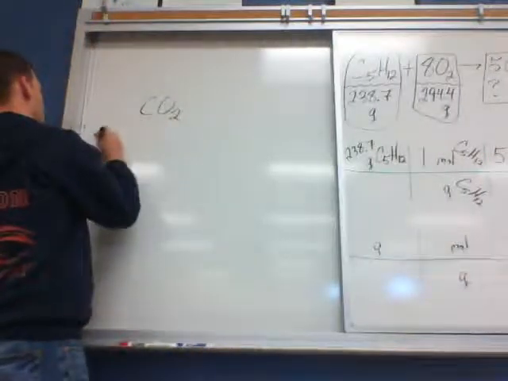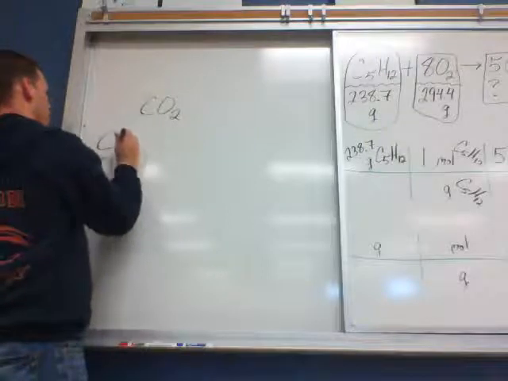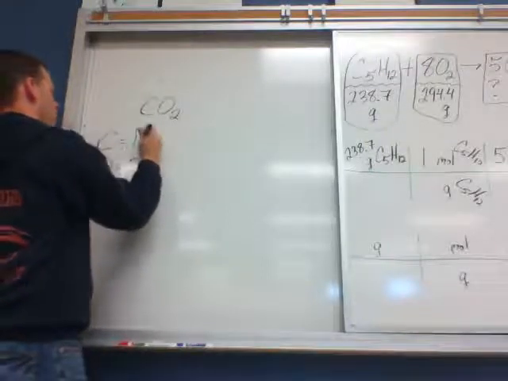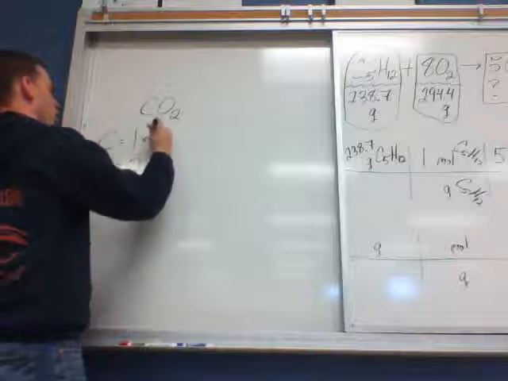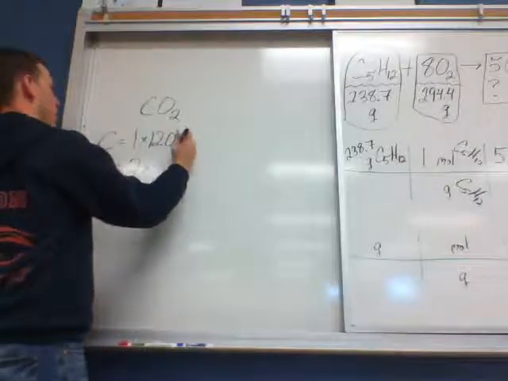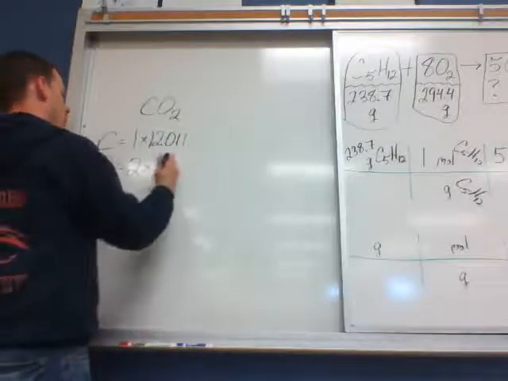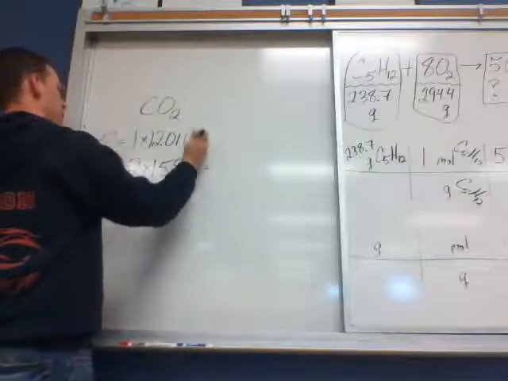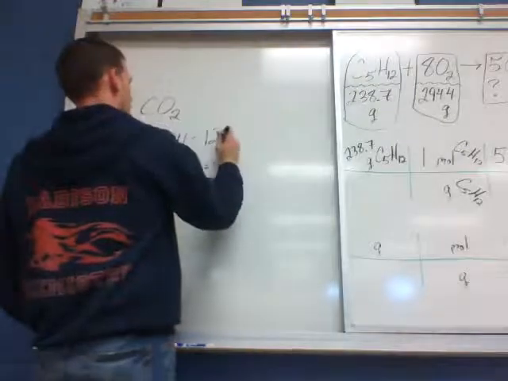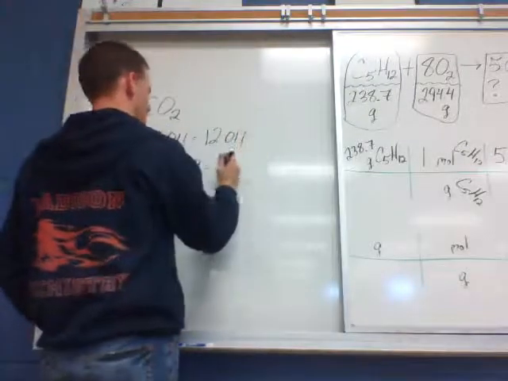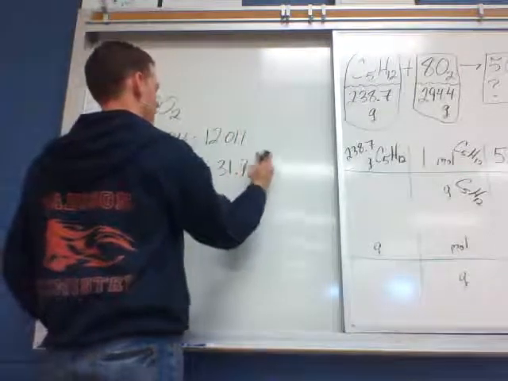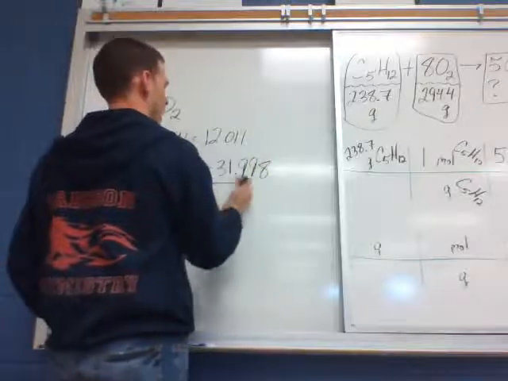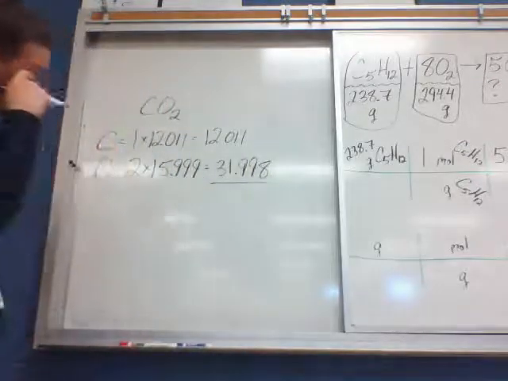CO2 is made up of carbon and oxygen. There's 1 carbon and 2 oxygens. Carbon on the periodic table has a mass right over 12. Oxygen a mass right under 16. There's only 1 carbon, but the 2 oxygens are going to multiply to 31.998. We're just finding a molar mass here.